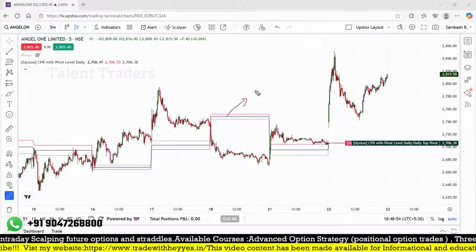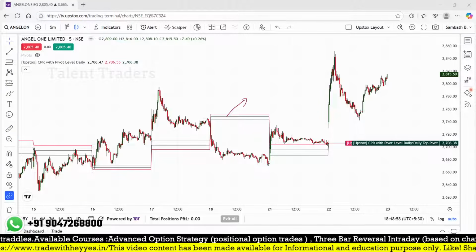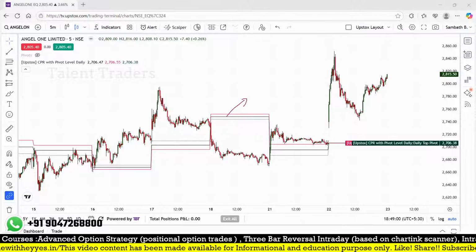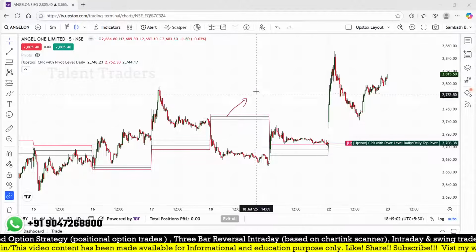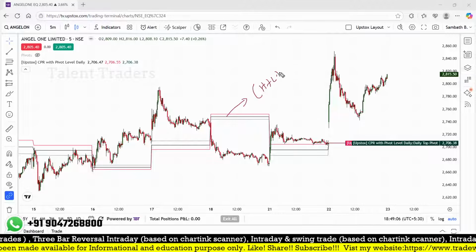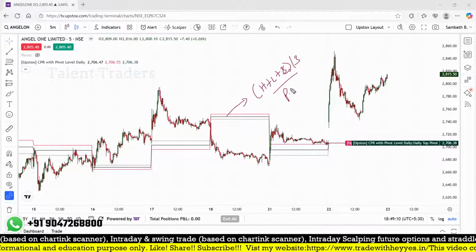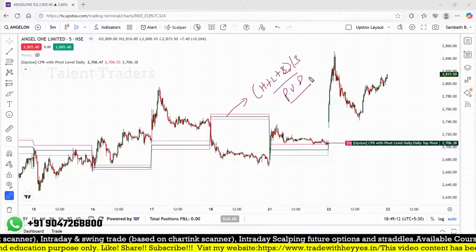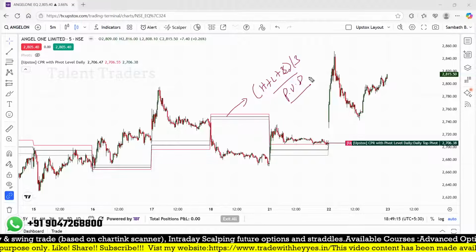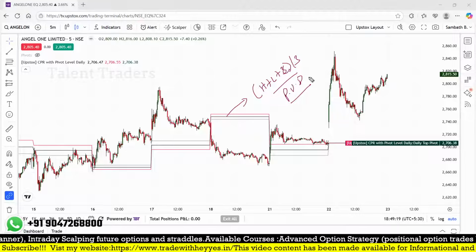Pivot is simply open, high, low, close divided by 3, so that is how we derive the pivot. It is the previous day's high, low, close divided by 3, plotted for the next day as the central pivot point.